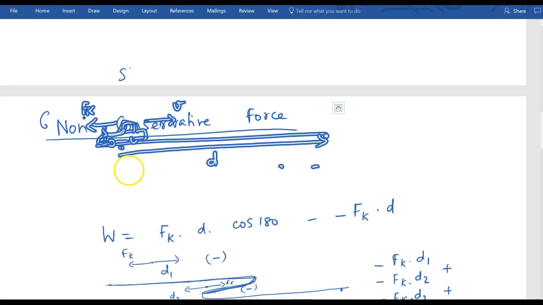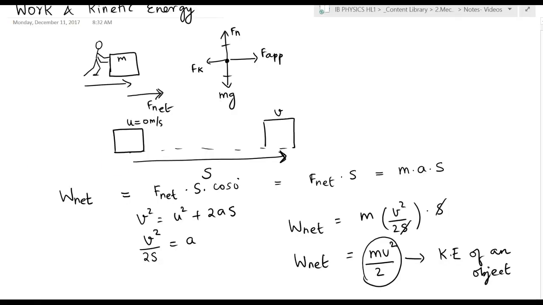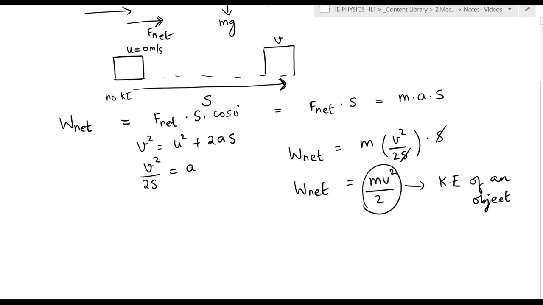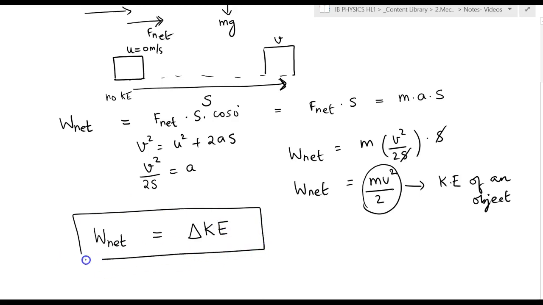So at this position there is no kinetic energy, and at this position it has some kinetic energy. Where did the kinetic energy come from? We can say that the net work done on the object has resulted in the change in kinetic energy of the object. So your net work done is equal to the change in kinetic energy.